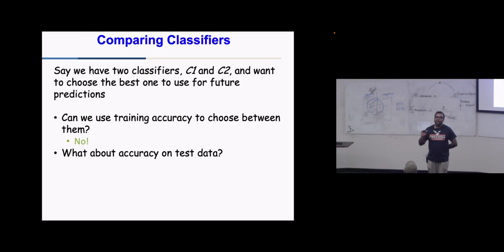You see the point? So maybe one way is use 50 different testing sets and try on 50 different testing partitions and look at these numbers on 50 different data sets and compute some statistics there. That's definitely a better approach. But often we don't have 50 different data sets. We just have one data set.